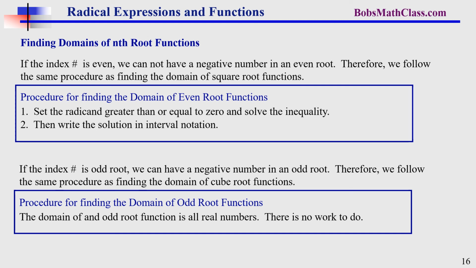We set the radicand greater than or equal to 0, and then solve the inequality, and then we write the solution in interval notation. If the index number is an odd root, we can have a negative number in an odd root. Therefore, we follow the same procedure as finding the domain of cube root functions. What is that procedure? There's nothing to do. The answer is all real numbers. So odd roots, the domain is all real numbers. Even roots, greater than or equal to 0, and solve.